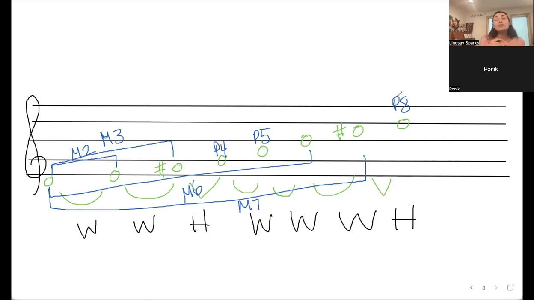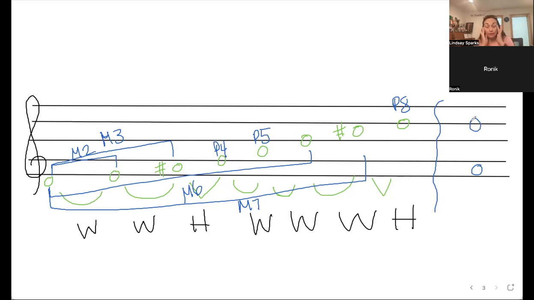So if you know your key signatures and you know your scales, and you can easily build a scale based on whole steps and half steps, or major and minor seconds, then you can identify intervals pretty quickly based on the key signature and where they are in the scale. So for example, if we did F natural up to D.